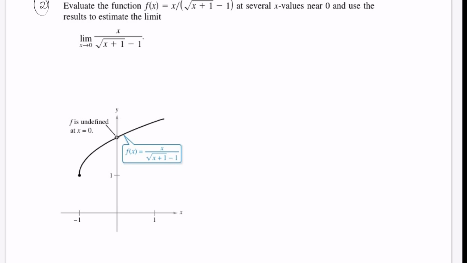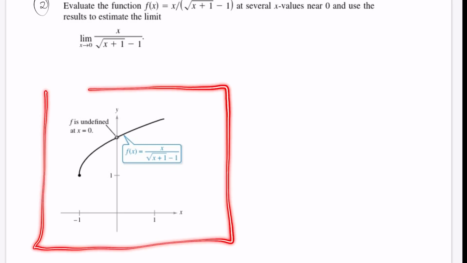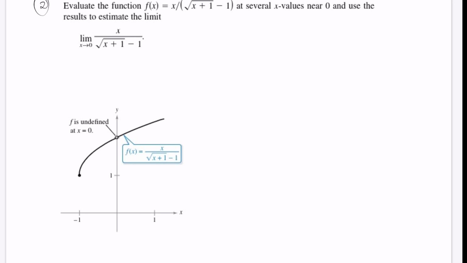With the graphical approach, I have the graph of the function we are going to find the limit of here. Now, before we look at the graph, you can clearly see that if you substitute x equals 0 into this particular function, you get an undefined value. Why?